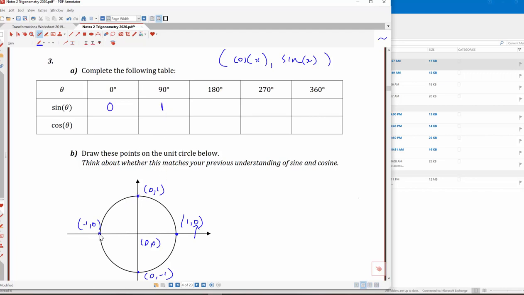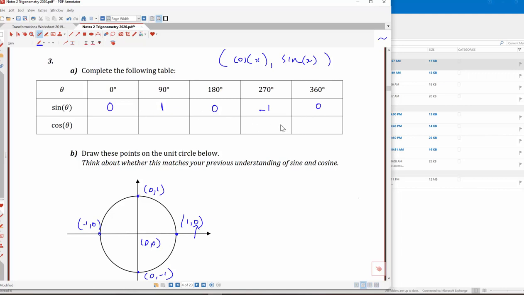Over to this point here, we are looking at the y value there. If you look at where it would hit the y-axis, it's going to be back to 0. Down here, the y value is negative 1. And back to the start again, we're going to get a y value of 0 again.